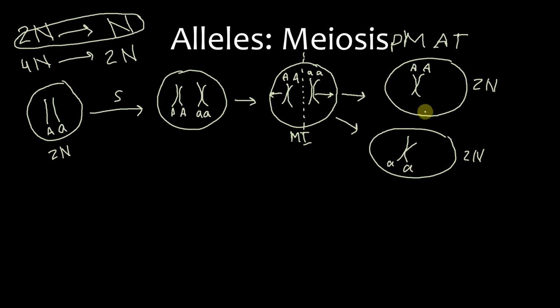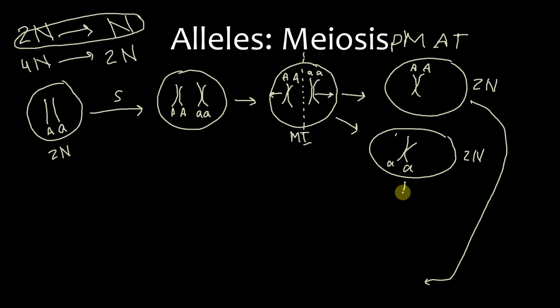Each one of these cells has 1 chromosome. In the previous slide, in mitosis, each cell had 2 chromosomes, 2 chromatids. Here we have 1 chromosome with 2 sister chromatids. If you're getting confused with this terminology, go back and watch the Back to Basics video where we talk about this in slightly more detail.